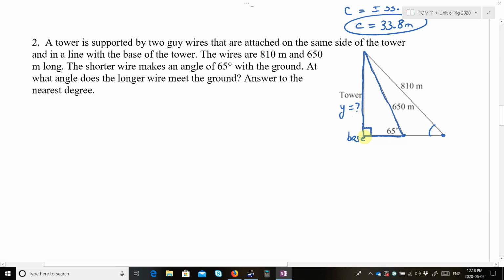Then we'll use that y and the 810 in this big 90-degree triangle and do SOHCAHTOA, because the big triangle is a 90-degree triangle as well, to get this angle that I will call x. All right, so that's the plan of attack.